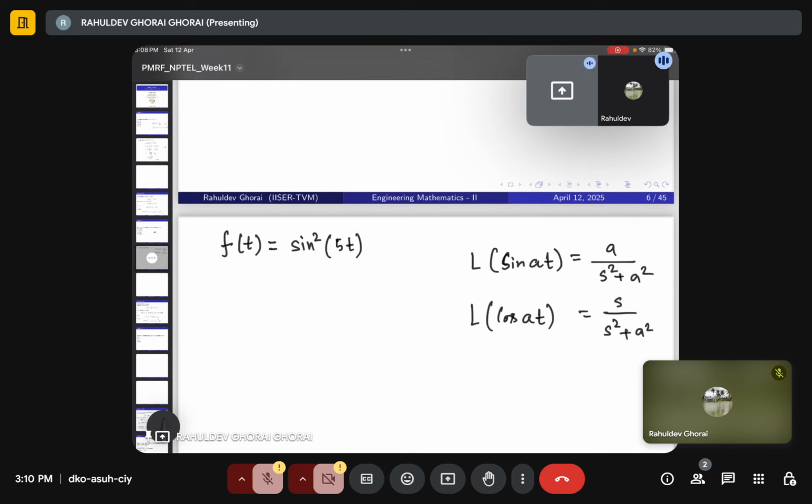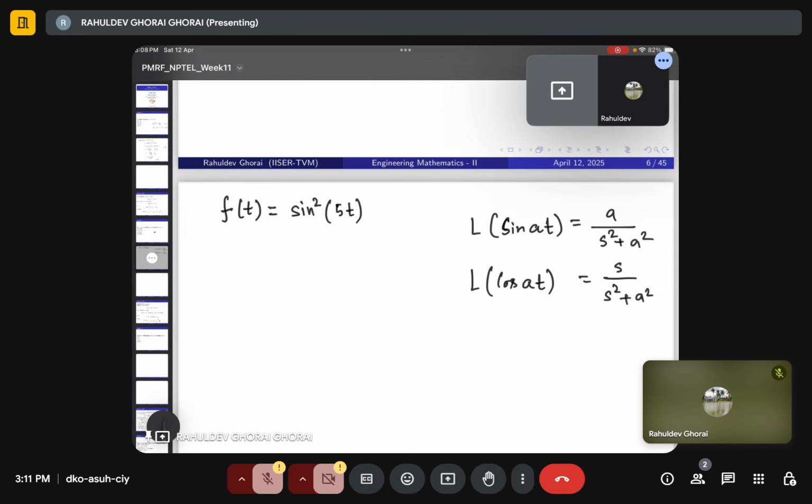So we need to remember this. When it is sine, it will be a over s square plus a square. When cos, s will be there, s over s square plus a square. But how to evaluate this sine square? It's not like that L of f square will be L of f whole square. It's not, right?